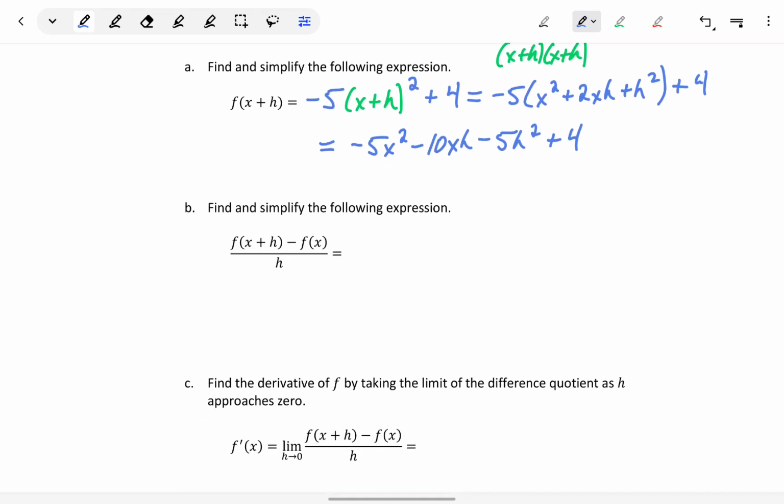Our next step will be to find f of x plus h minus f of x. F of x plus h is again the expression we just found above, negative 5x squared minus 10xh minus 5h squared plus 4. And then we'll subtract in a set of parentheses f of x, which is the original function.